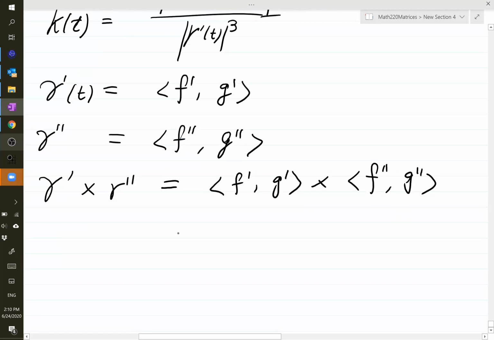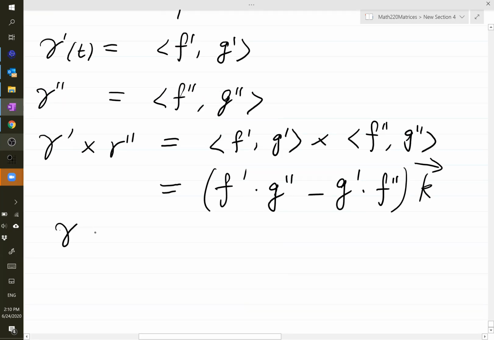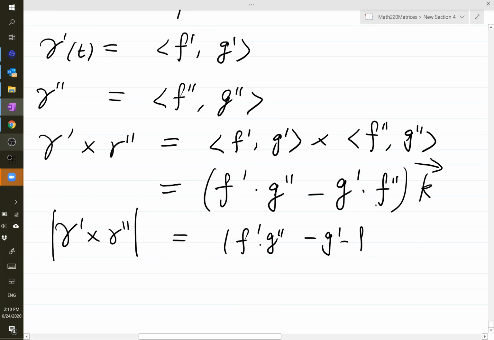Cross multiplying, we get f derivative times g second derivative minus g derivative times f second derivative, in the k direction, like writing down the determinant. If you take the absolute value, the norm of r derivative cross r second derivative is the absolute value of f derivative g second derivative minus g derivative f second derivative.